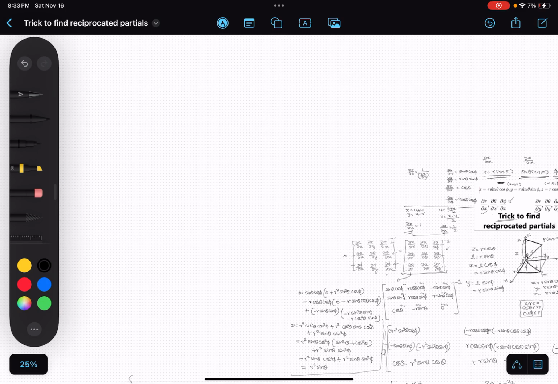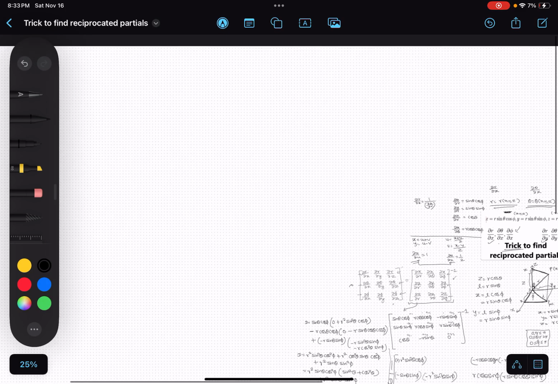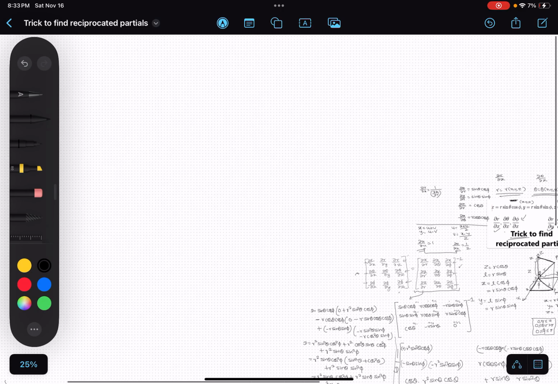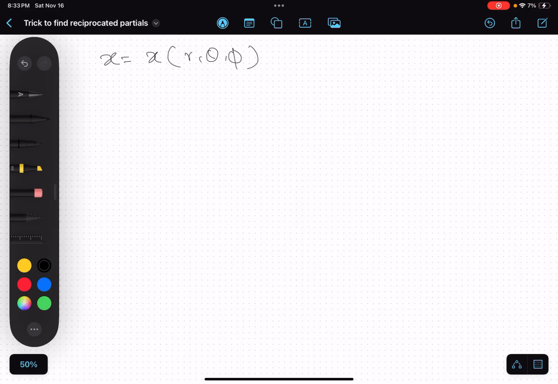Now if you know the multivariable chain rule, then we know that, let's say, x is a function of r, theta, phi, y is a function of r, theta, phi, and z is also a function of r, theta, phi.